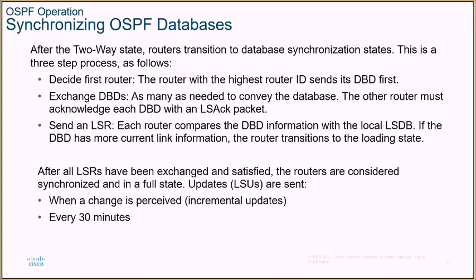After all LSRs have been exchanged and satisfied, the routers are considered synchronized and in a full state. When a change is perceived, they will send an LSU whenever there's a change in the network, or every 30 minutes.